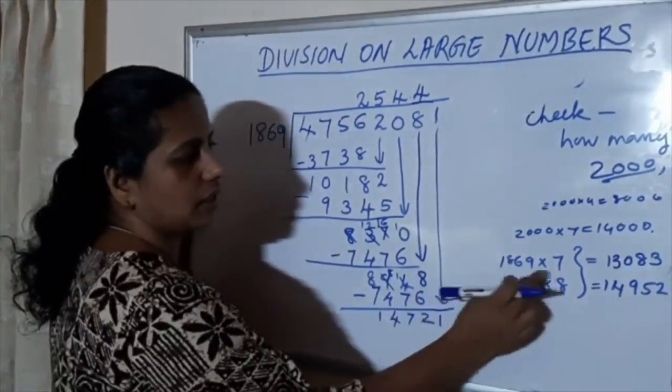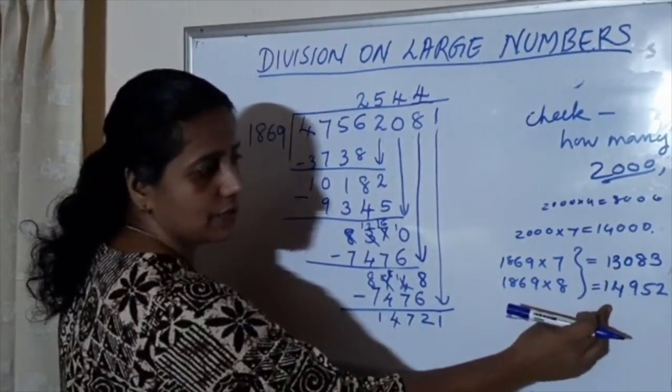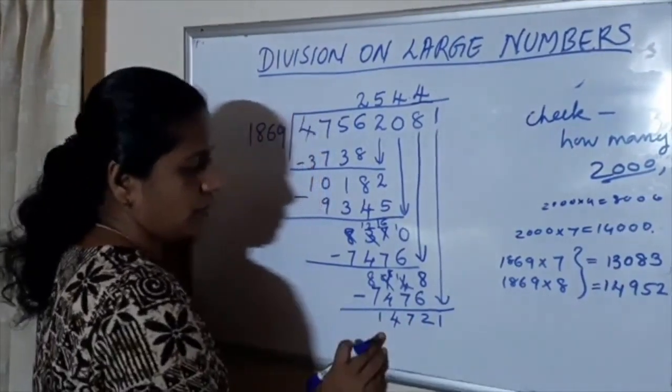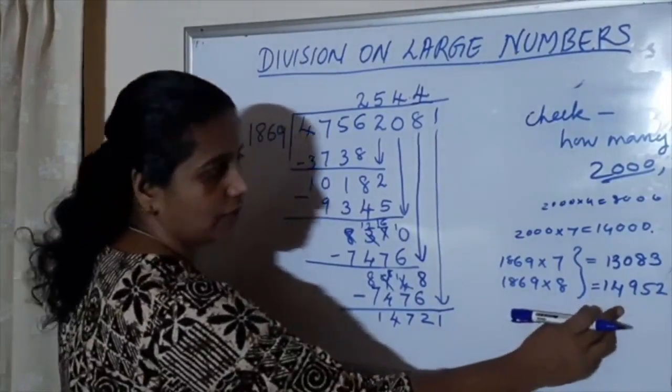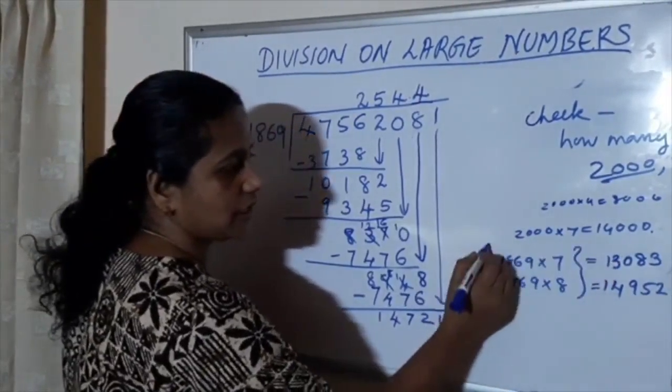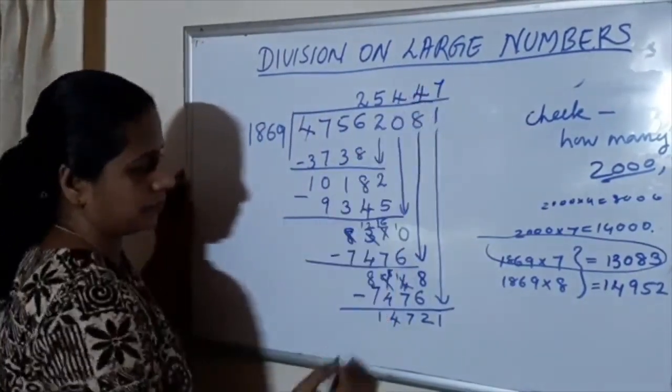That is, into 7 is equal to 13,083 and the next one is 14,952. 14,721 is less than 14,952, so we can take only this product. Okay, so 7.